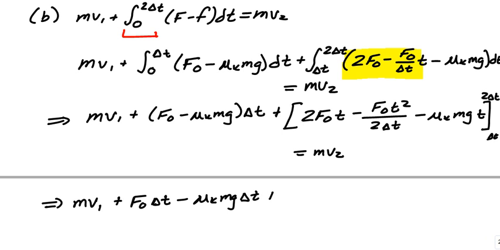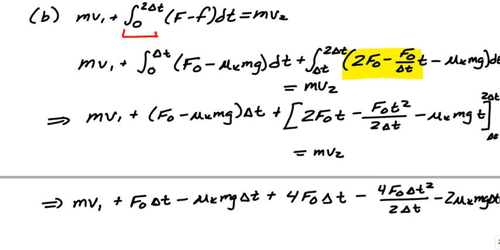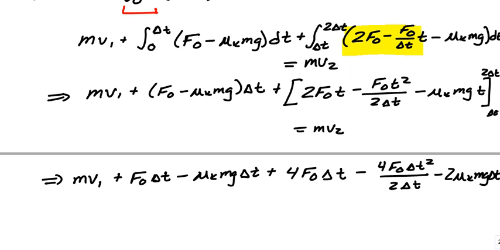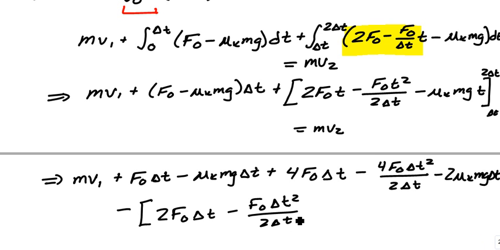And then from my definite integral here, I'm going to have plus 4 times F naught times delta t minus 4 times F naught times delta t squared divided by 2 times delta t, minus 2 times mu k times m g times delta t, minus quantity 2 F naught times delta t minus F naught times delta t squared divided by 2 times delta t, minus mu k times m g times delta t. And that's going to equal m times v2.